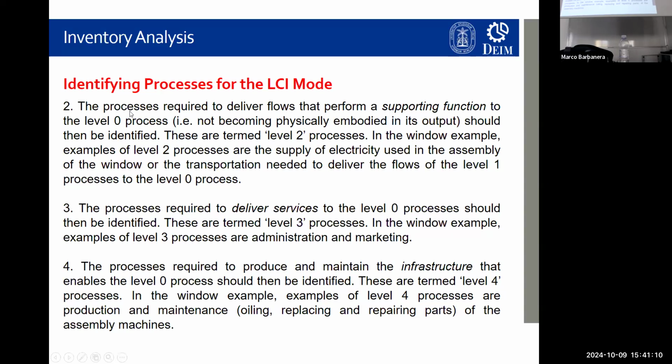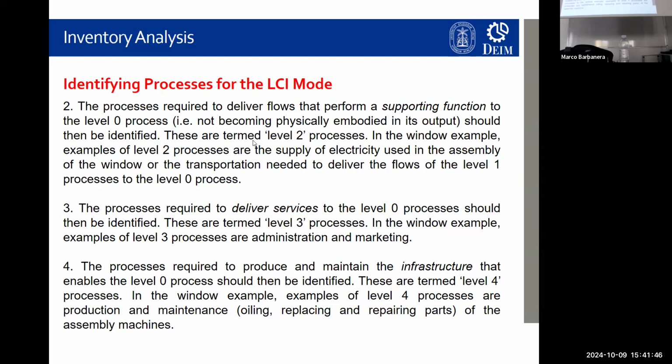The level 2 processes are the processes required to deliver flows that perform a supporting function to the level 0 process, for example, not becoming physically embodied in its output. In the window example, level 2 processes are the supply of electricity used in the assembly of the window, or the transportation needed to deliver the flows of the level 1 processes to the level 0 process.